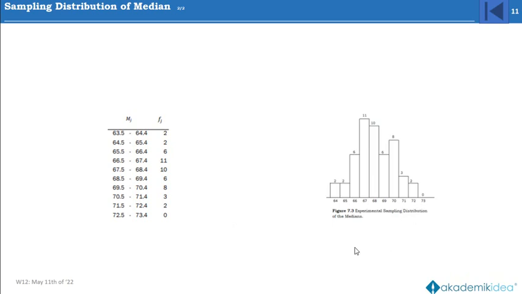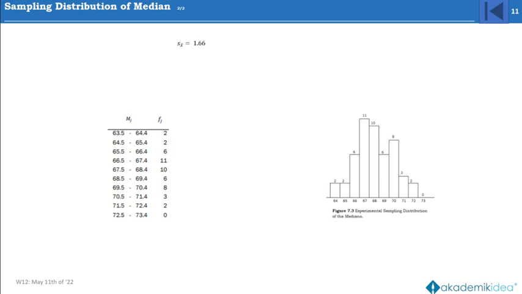Comparing the experimental sampling distribution of the 50 medians with that of the 50 means, or the histograms of figures 7.3 and 7.1, it is apparent that the first has a greater variation than the second, whereas the standard deviation of X bar is 1.66.